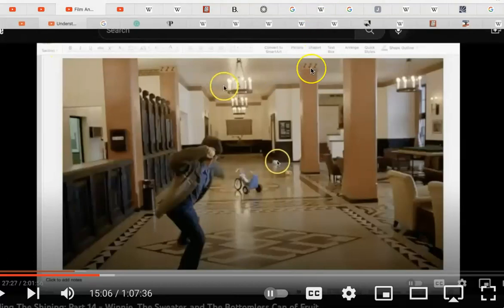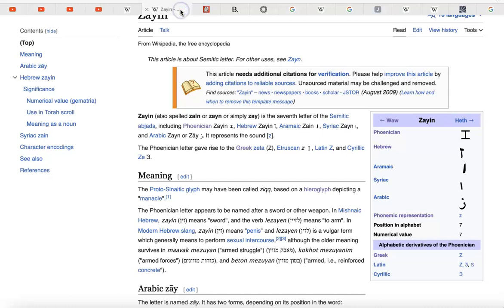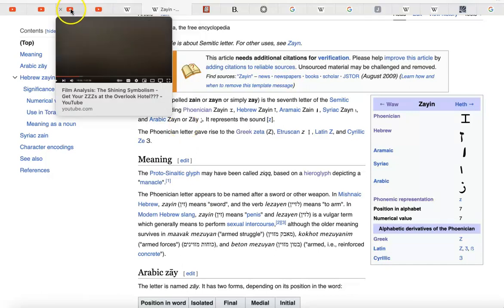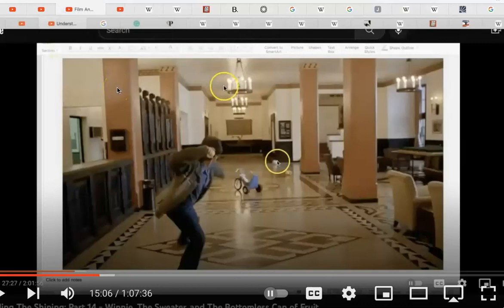And that's why I was researching these Z's up on top of these columns. Then, looking at this explanation of how it's used in Hebrew as basically a meaning for weapon or sword, but also the sexual connotation, it got me thinking about Dick Halloran. Hello. Okay, his name is Dick.